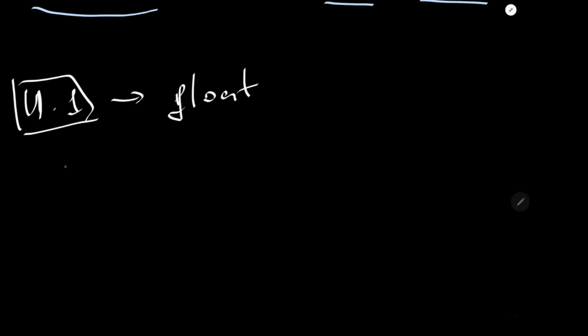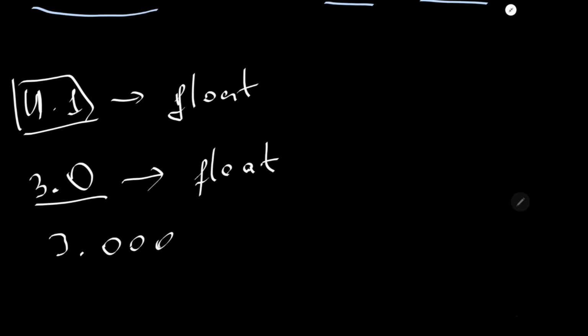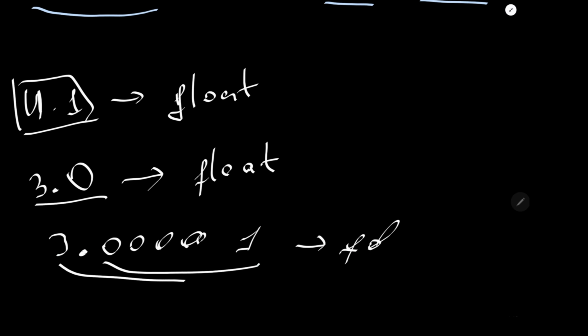What about 3.0? It's float also, because if there's a point, it doesn't matter. 3.00001, it doesn't matter here. If there's a point, it means float.